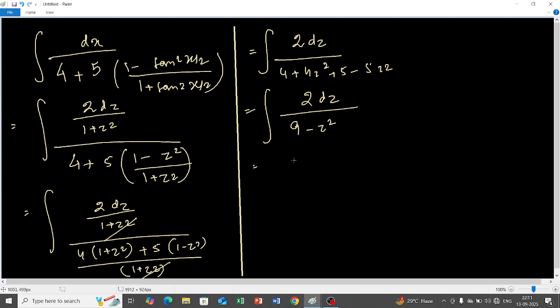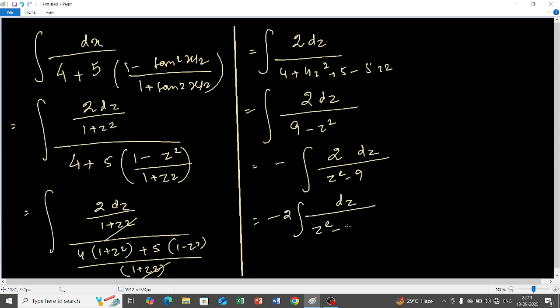So now what we can do is take minus common: minus 2 dz divided by z square minus 9. We can also keep minus 2 common outside, dz by z square minus 3 square.